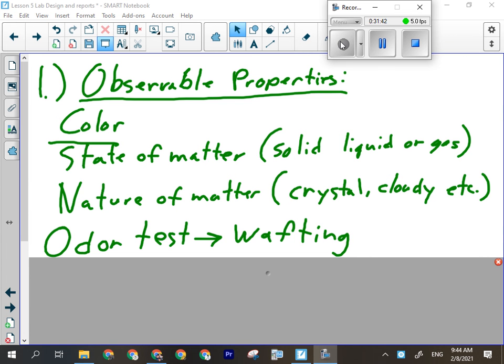Odor test: waft the material. When we do the lab on Wednesday, you're going to be using some of the equipment that you can see up here. One of the things you're going to be using is what we call a depression plate. It's called the depression not because it's sad, but because it's got these pits in it called depressions. That's where you're going to be putting your unknown materials. Each one of these only has 6, so you're going to have to do this twice.